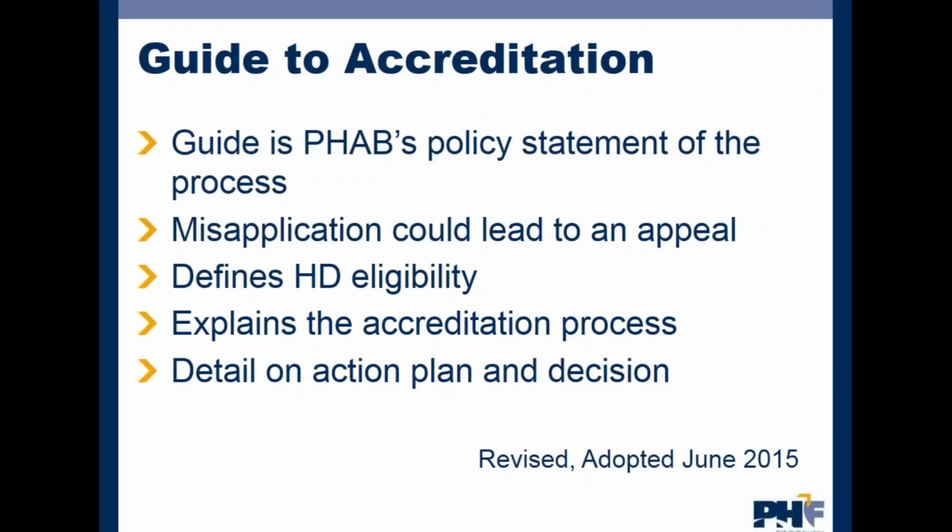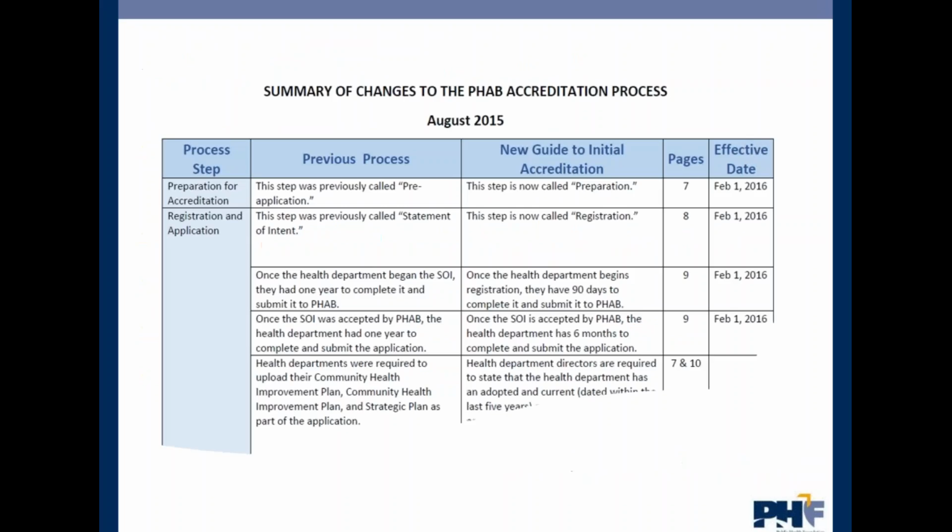Besides describing the steps of the process, there are also appeal policies and what can be appealed to the PHAB board, generally regarding a decision that the Accreditation Committee has made. The guide also has a section where it defines eligibility criteria to apply for accreditation. And then there is detailed information, including timelines, for each of the 7 steps.